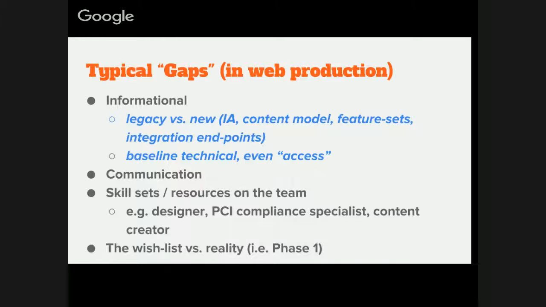If you're starting from scratch, it's different, but even then there's an inventory, right? Because we want a new website. Great, do you have a logo? Well, that's part of your inventory. Do you have branding? Do you have a mission statement? Do you have an identity? There are questions that come up even when you're starting from scratch on a website.